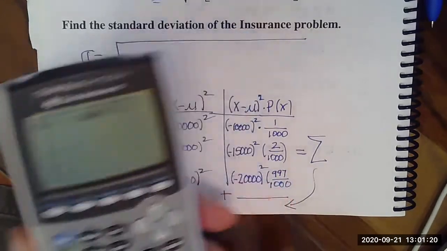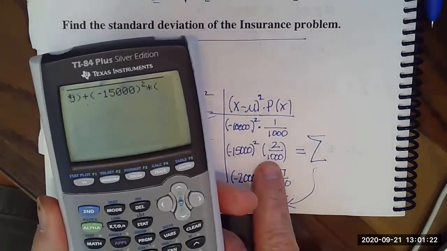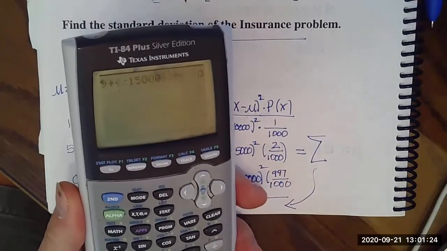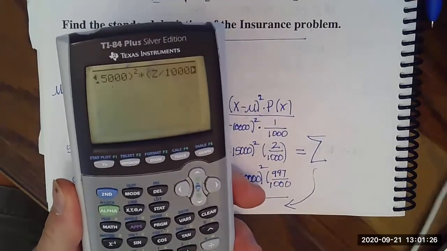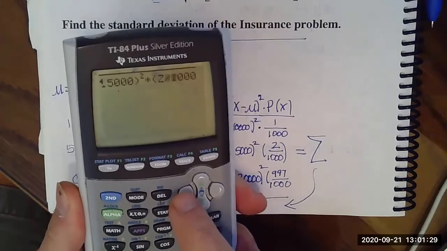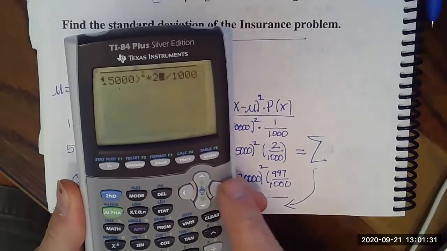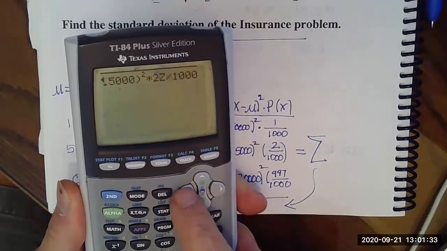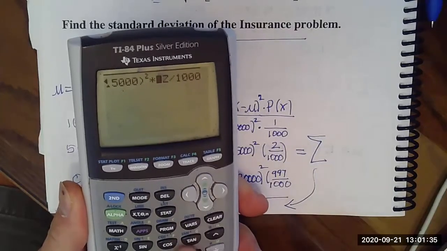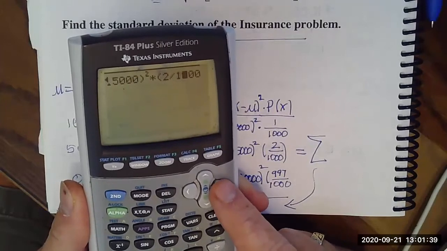Fine. Okay, 2 divided by 1,000. Oh, that's a Z. What the heck is that? Yeah, better.